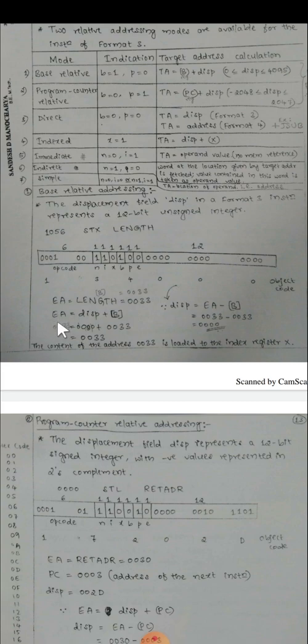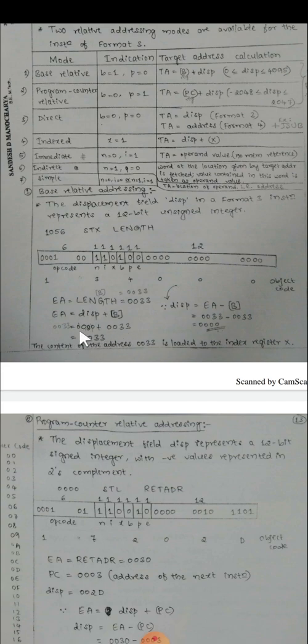But I want the displacement value. First substitute the value of the effective address, that is 0033, and I have assumed that the content of register B is also 0033.